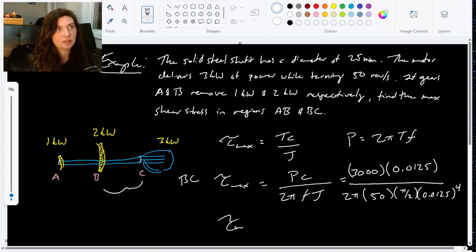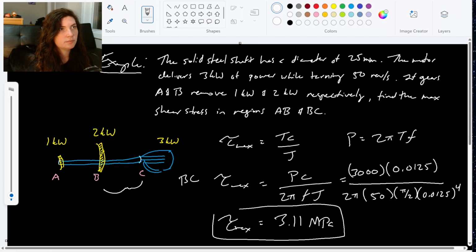Simple as that. So the max shear stress we're experiencing in BC is 3.11 megapascals. So hopefully that's the answer you got when you did it. If not, go back and check your math, see if you maybe put something in the calculator wrong.